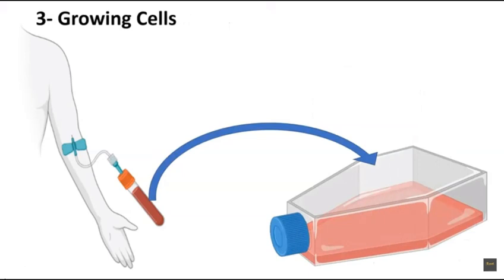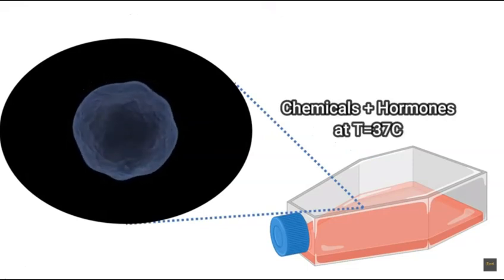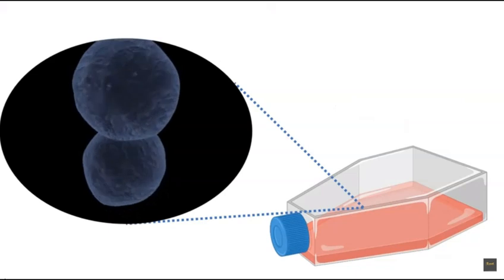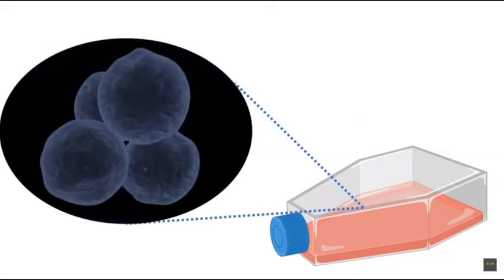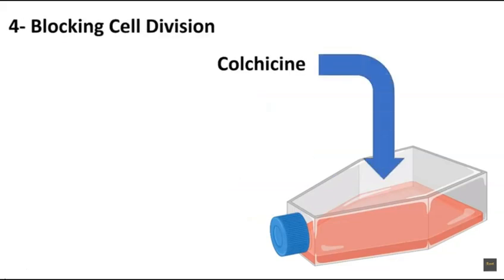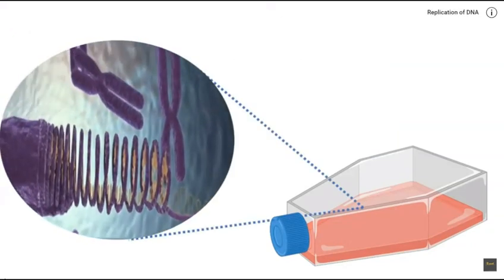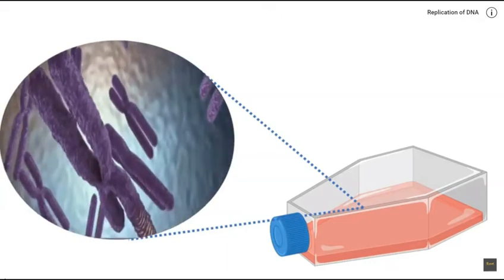In order to have enough cells to analyze, the dividing cells are grown in a special medium at 37 degrees Celsius. This process of culturing can take 3 to 4 days. The fourth step is blocking cell division. The cells are treated with a chemical substance called colchicine, which blocks cell division in metaphase where the chromosomes are in their most compact form, and consequently, they are easily observed under a microscope.